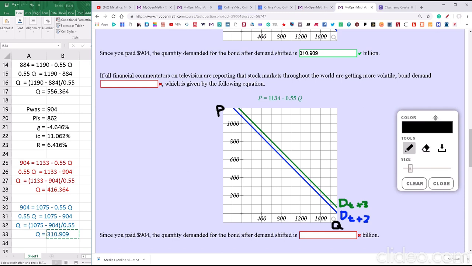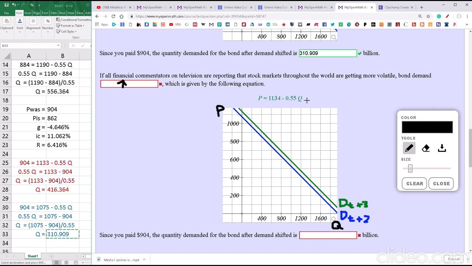So, as stocks get more volatile, it kind of shakes the risk-averse people out of the stock market. And if they're leaving the stock market, they're going to enter the bond market. So bond demand is going to increase. Okay? So we're going to eventually write increase in here.